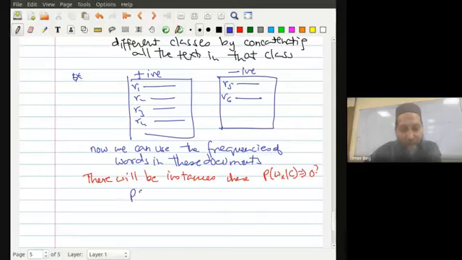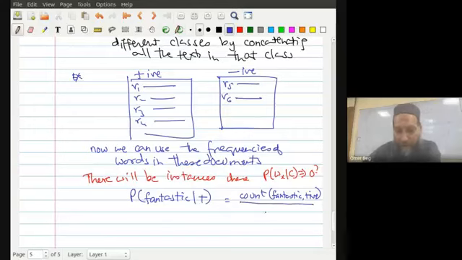So we are trying to figure out the probability of fantastic in the positive class, and the count is 0. This is going to be the count of fantastic in this positive document divided by the total count of words in the positive document.